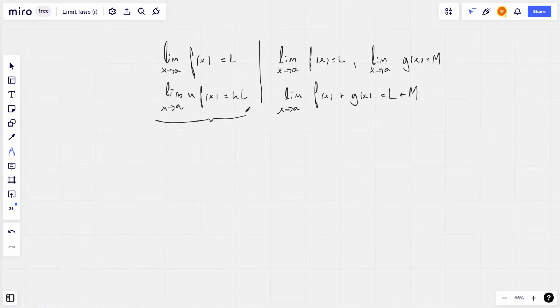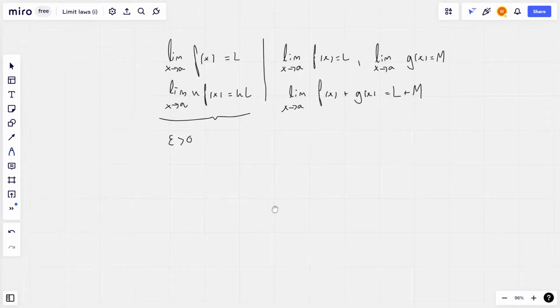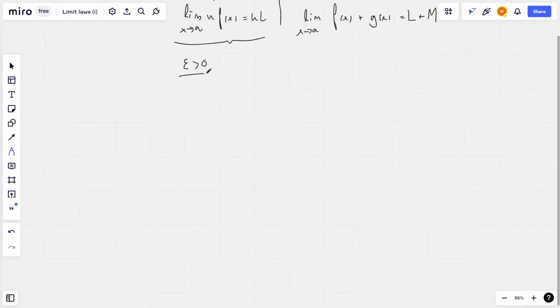Essentially, since we have a positive epsilon in our definition, this is just an arbitrary epsilon, so we can continue by saying: if we have some f of x minus l being less than epsilon, then we can choose our epsilon to be epsilon over the modulus of k, and we want it to be the modulus because we want it to be positive.